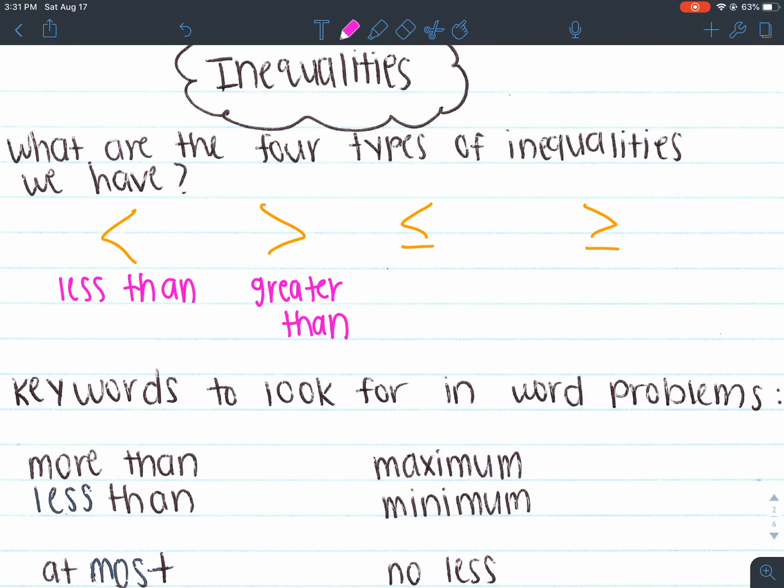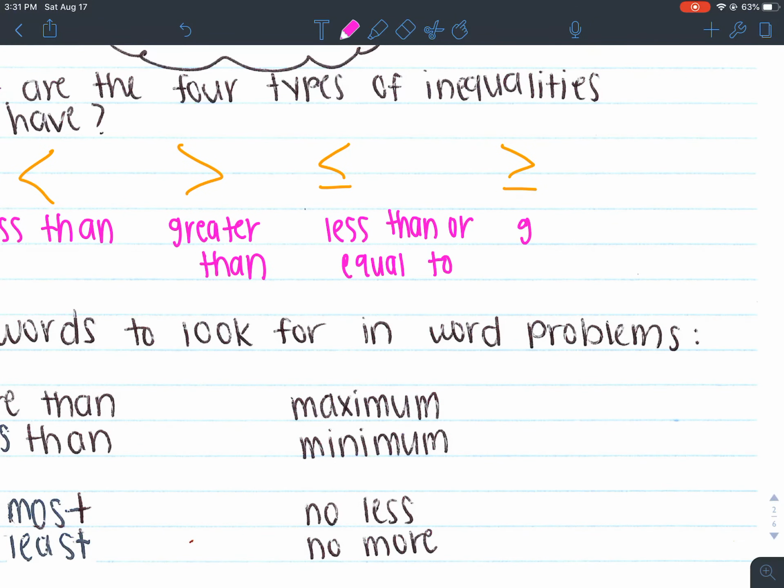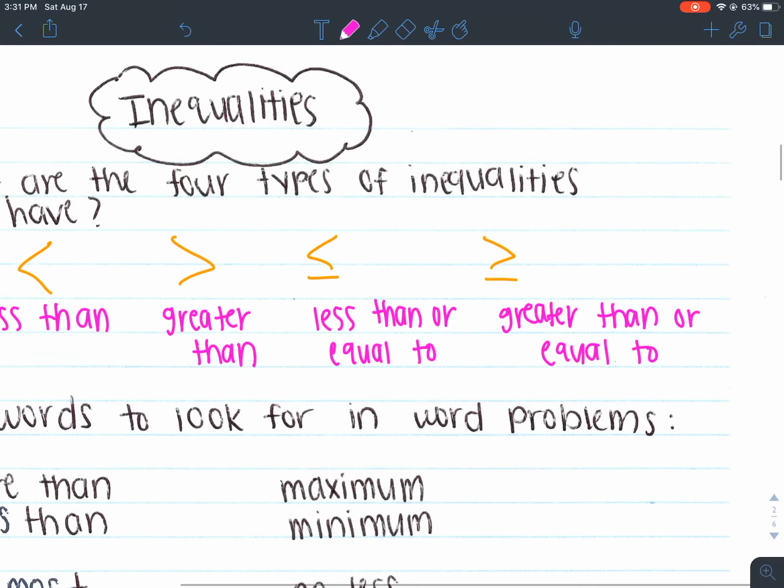The next one here would be less than or equal to. And then the last one would be greater than or equal to. So if you ever forget, you can always draw a little L on your paper to remind you. If it looks like a tilted L, it means less than.